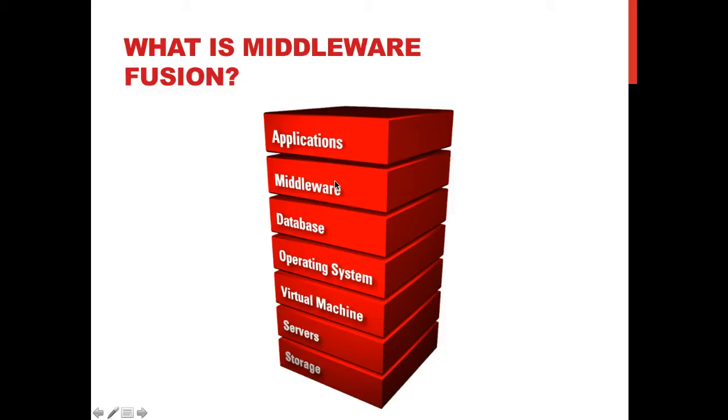So, to say that simple definition again, middleware is software that allows you to connect software or applications to your system, because you won't always connect software or applications to your database, but some other applications do go back to the database.